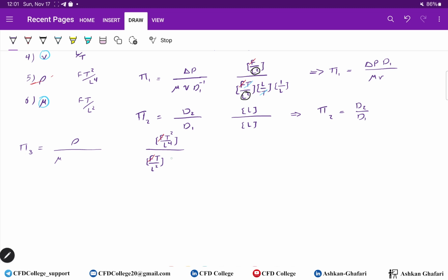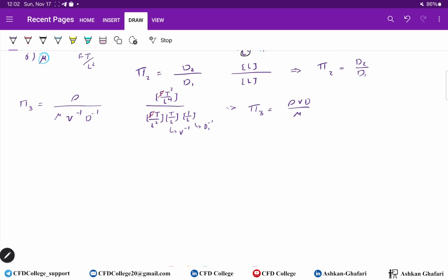So I should have t over L here, which means velocity to the power -1, so v^-1. And we need another L here, which means d1 to the power -1. So pi 3 equals rho v d over mu, which is the Reynolds number.